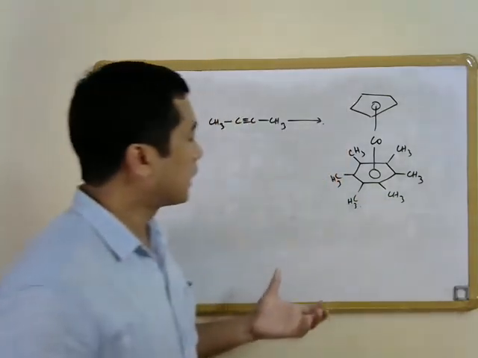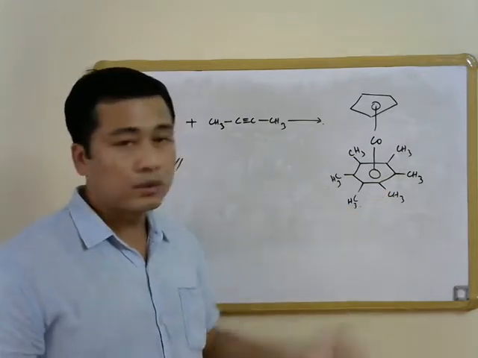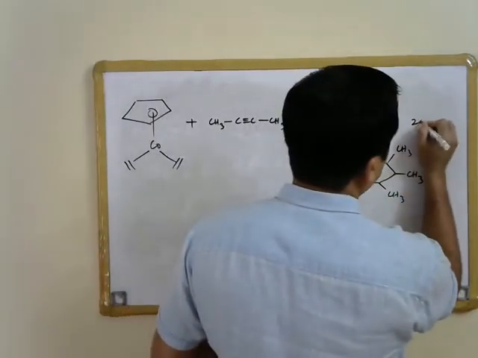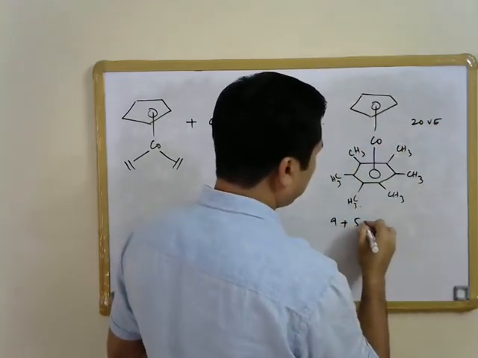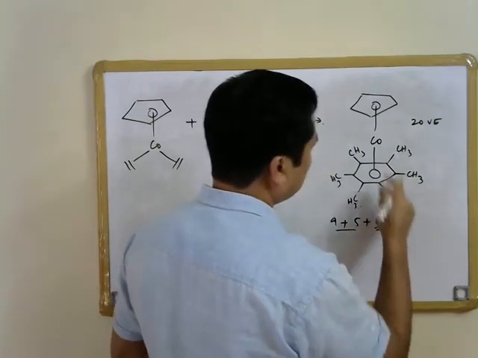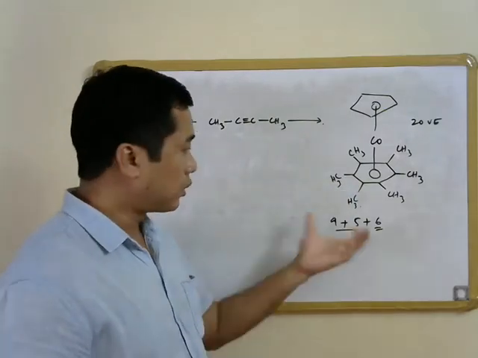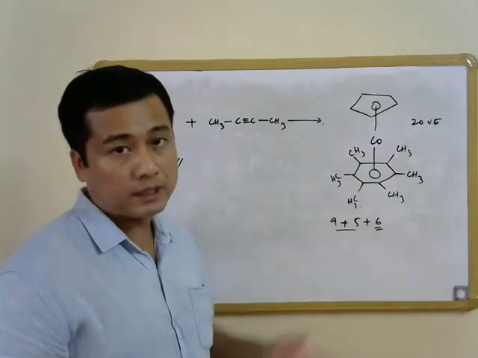If you look at this particular compound of cobalt, you see that it is a 20 valence electron species, as we have 9 electrons from cobalt, 5 electrons from the Cp ligand, and then 6 electrons from the arene ligand. So total 20 valence electrons are present here.